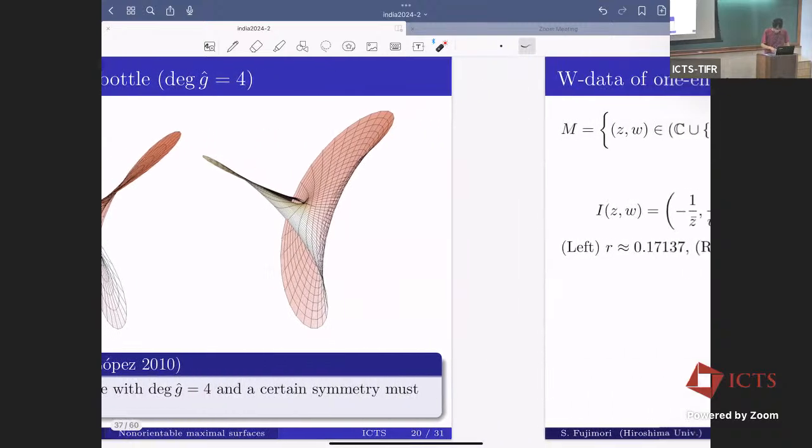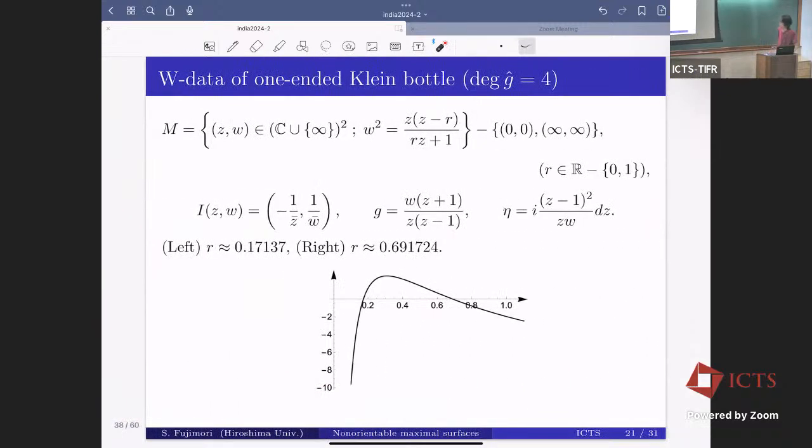Okay. Yeah, the Weierstrass data is here. So the double cover is a torus with one parameter R. And we can set the Weierstrass data this way. And again, we can reduce the period problem to one equation with one parameter. But in the minimal surface case, the graph is monotonically increasing.